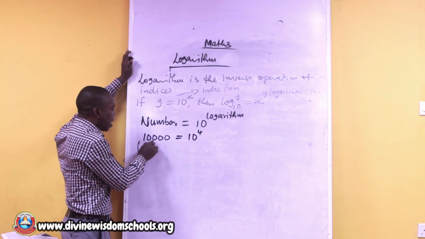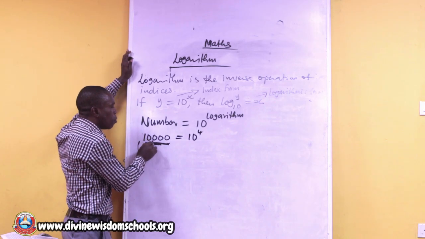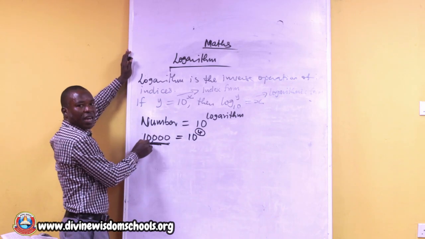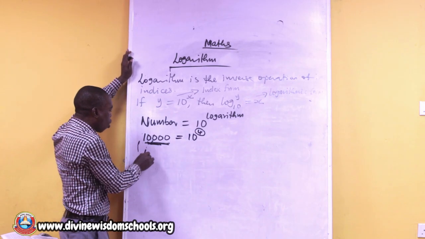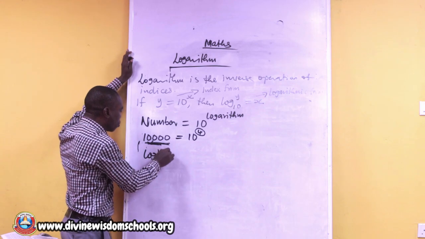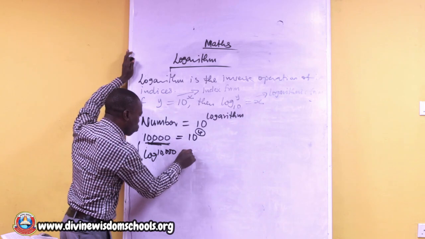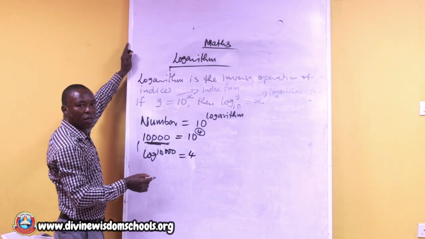Now, this number here is the number, while this 4 here becomes the logarithm of 10,000. So, which means log 10,000 is equal to 4. So, that is the meaning.